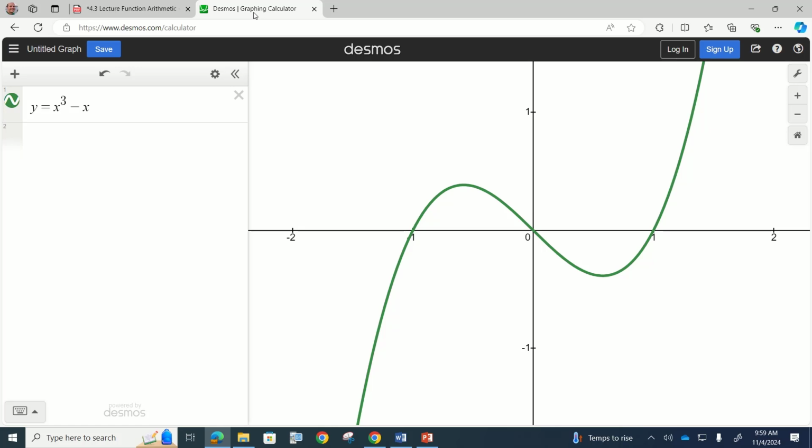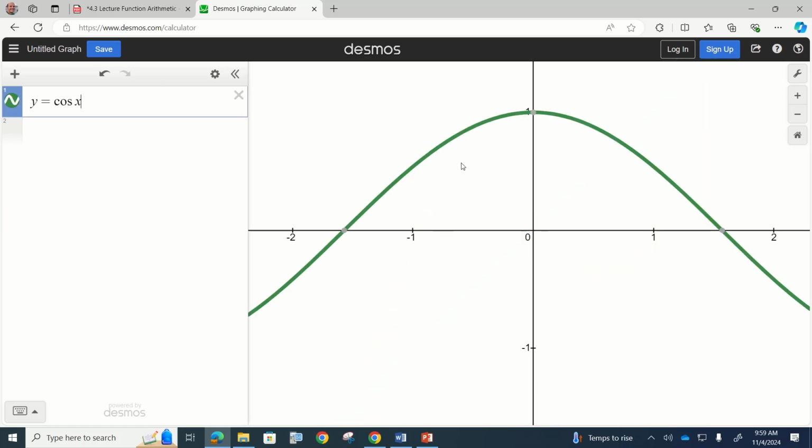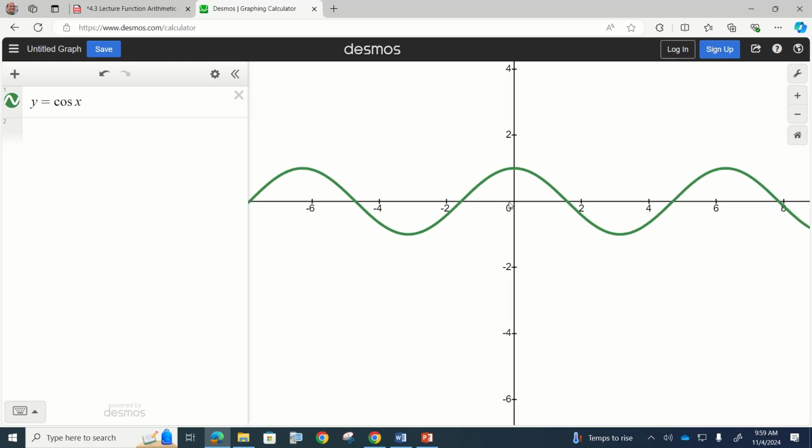But we can look at a few pictures. Is this function even or odd, or neither? So it's even if it has bilateral symmetry across the y-axis.